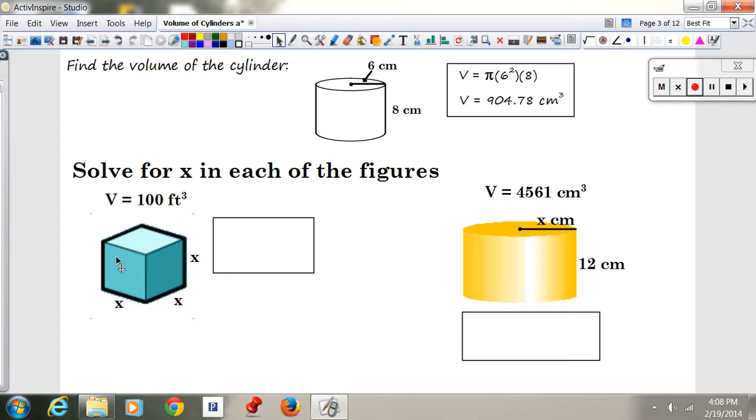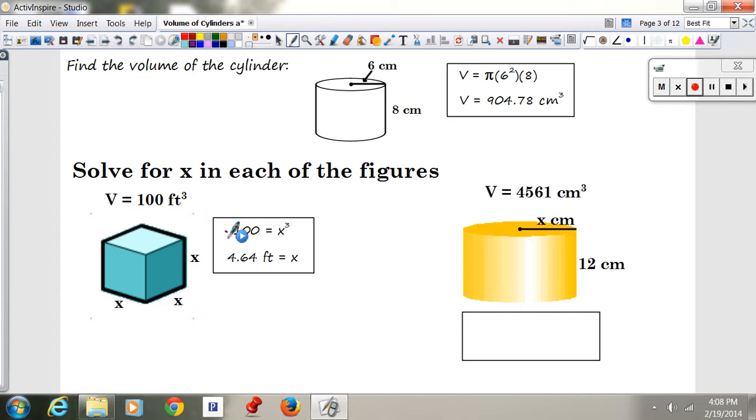Now this is a cube. I know we're not talking about cubes in this section, but for a cube, we have a formula that says volume equals the side cubed, because it's length times width times height. So just to show you, we could use volume, and to get the x, we would have to do the third root on both sides.